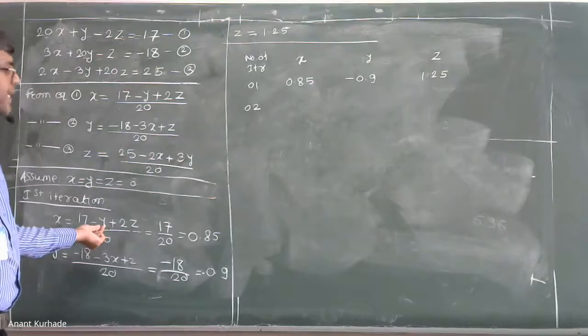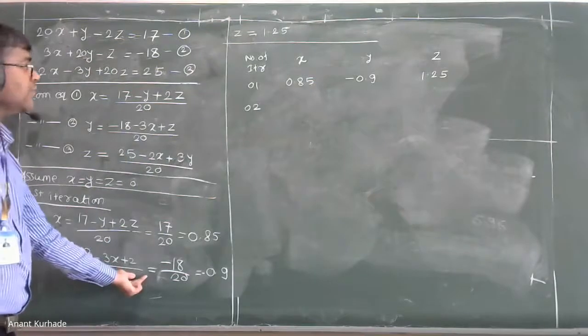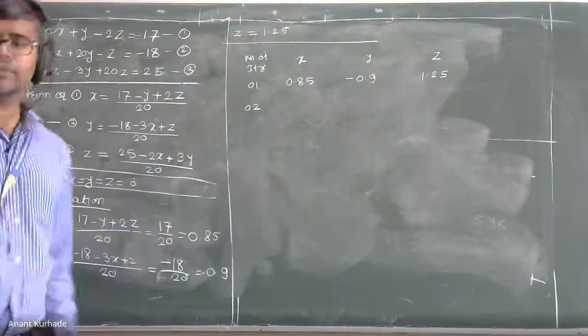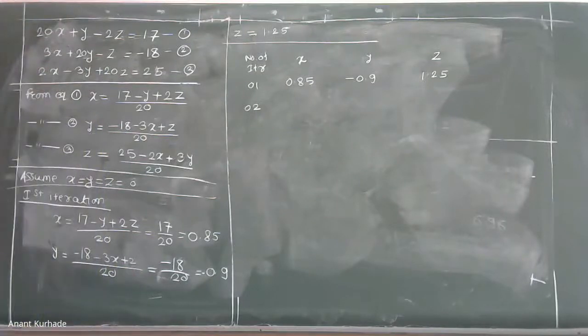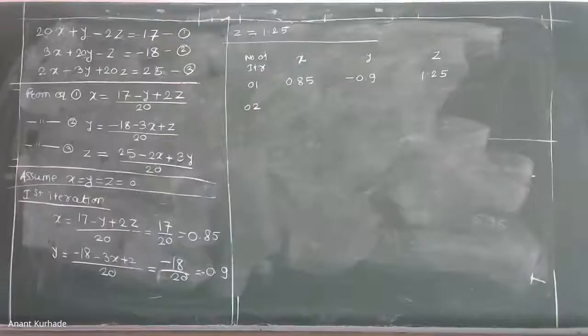Minus 0.9. And z is 1.25. Please cross check this answer. I think it is 1.02. Please cross check again. 1.02, sir.